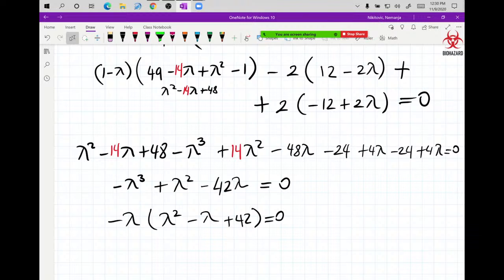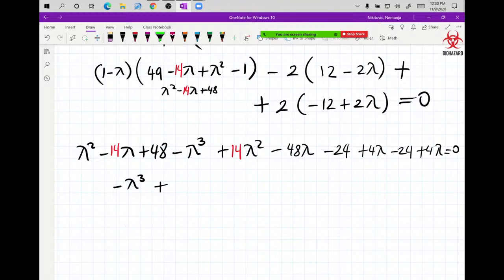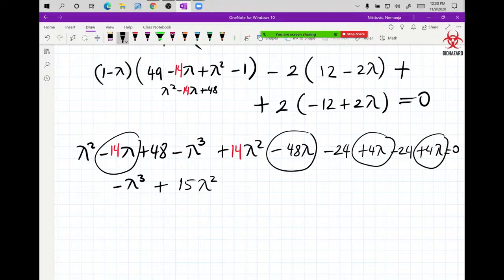So lambda cubed. So now I need to redo all of this stuff, and then we're hopefully good. Lambda squared. So what are my squares? This one and this one. So that's 15 lambda squared. Now singles or linears. It should be 54. What happened?